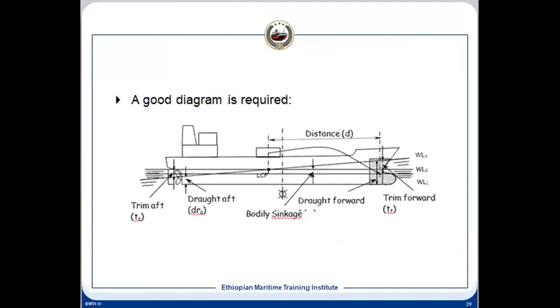So this is the same thing that I had explained. Here first the mass was put on the LCF to get the bodily sinkage. And after that we have shifted from here to here, and we have calculated the trim. And then trim forward, trim aft, and we have calculated the final draft.